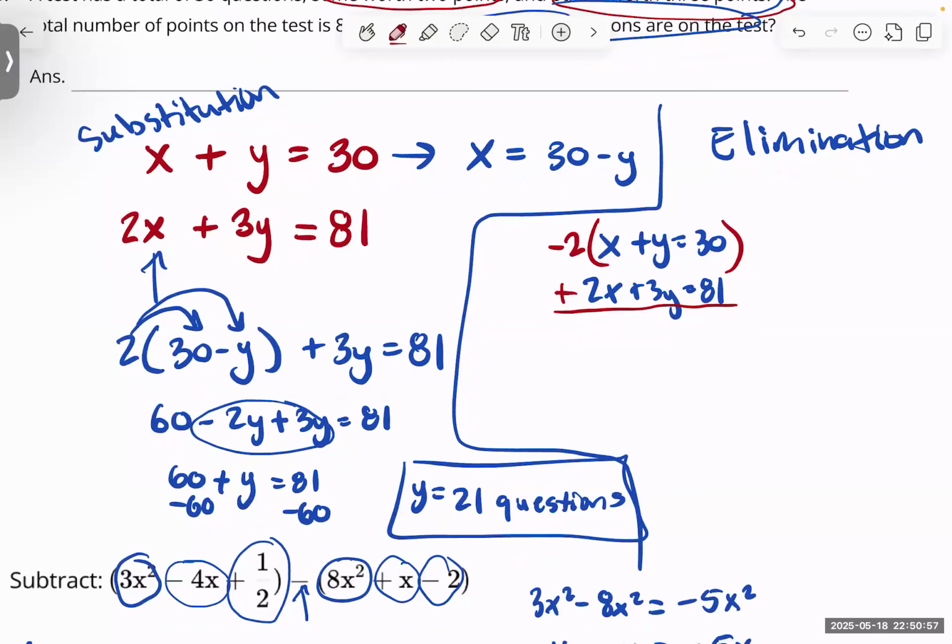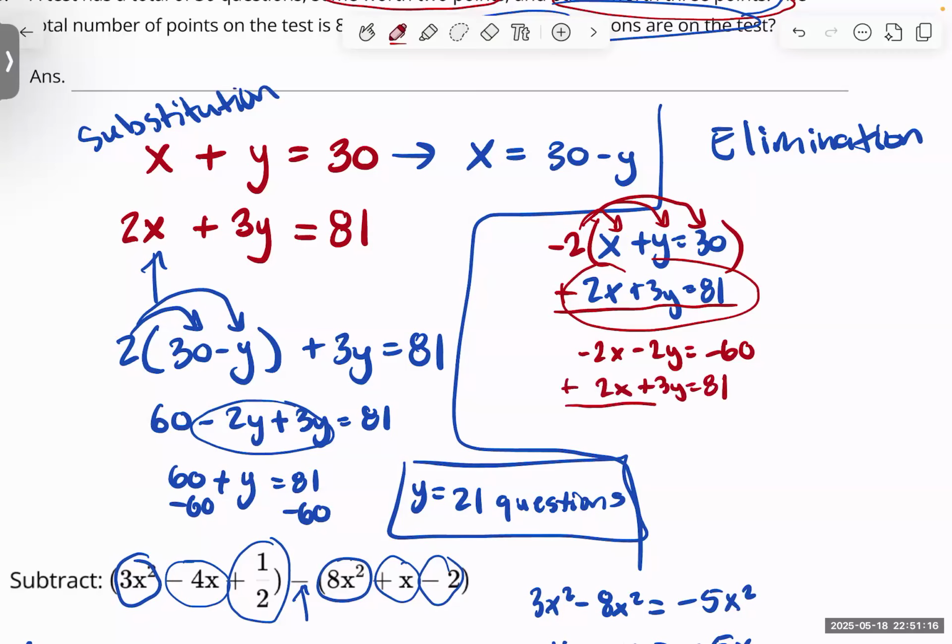If I distribute negative 2 everywhere, negative 2x minus 2y equals negative 60. And this other equation I didn't do anything with: 2x plus 3y equals 81.